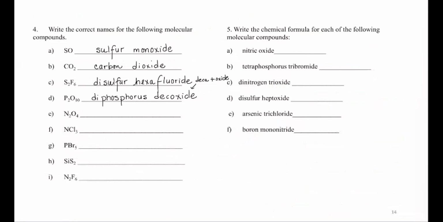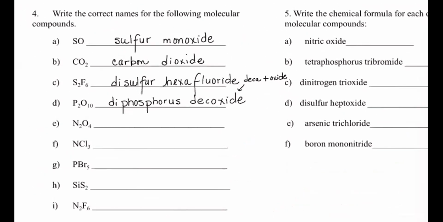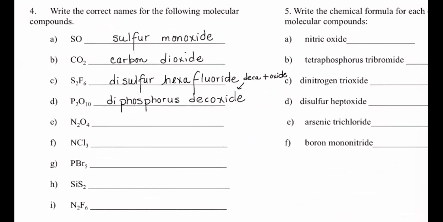Let's do a couple more. N2O4. What's going to be the name of that? Great job. Dinitrogen tetroxide.